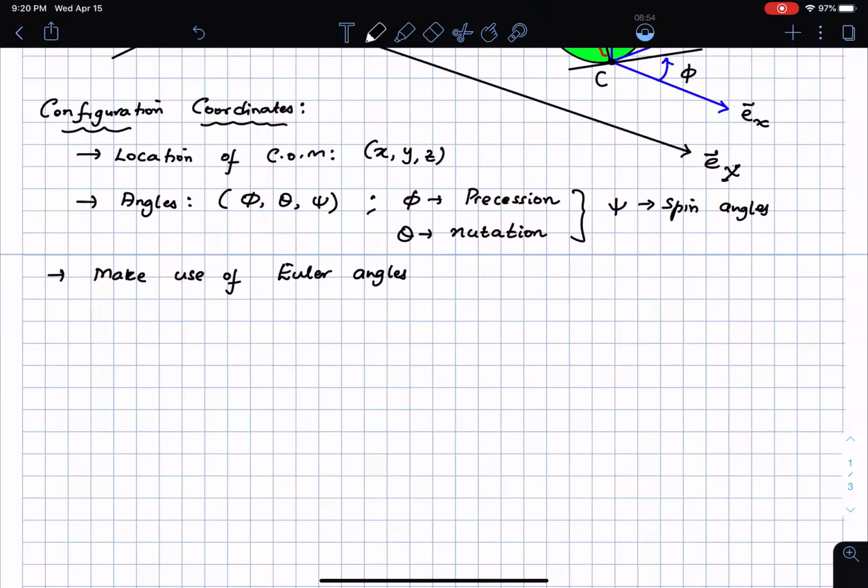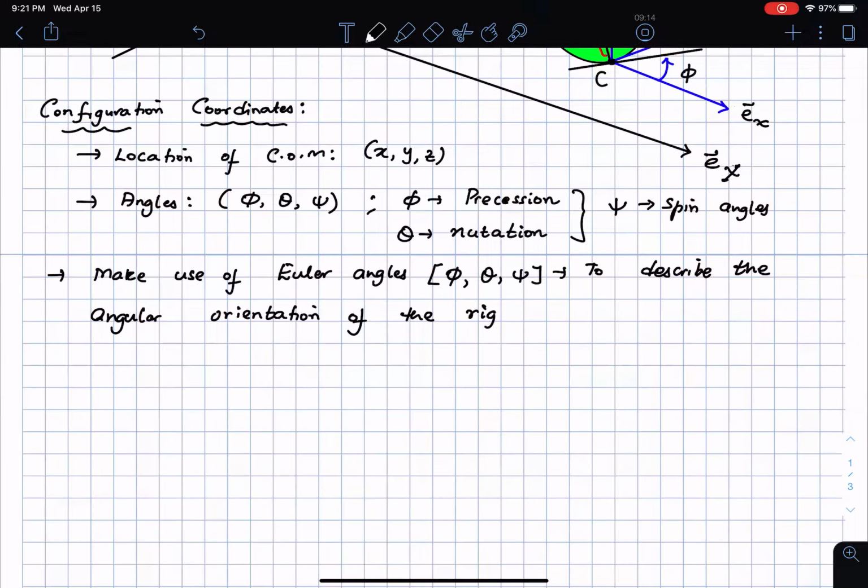We make use of these Euler angles to describe the angular orientation of the body at any instant in time.